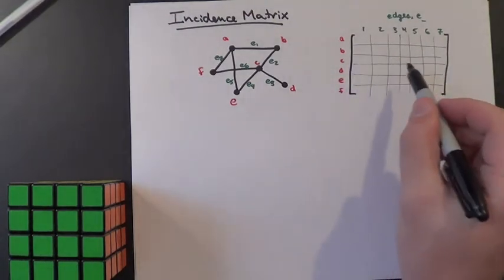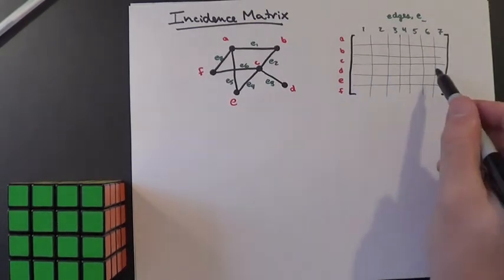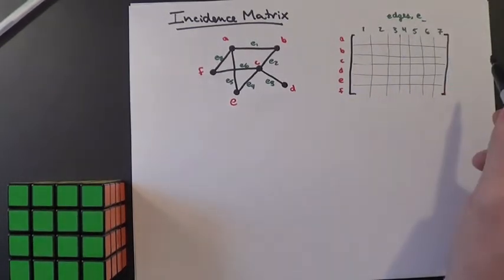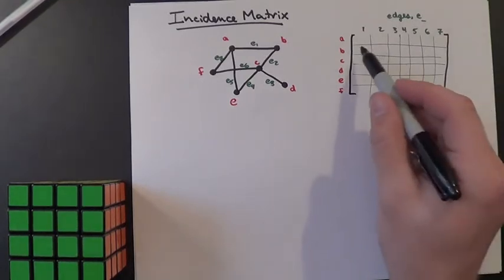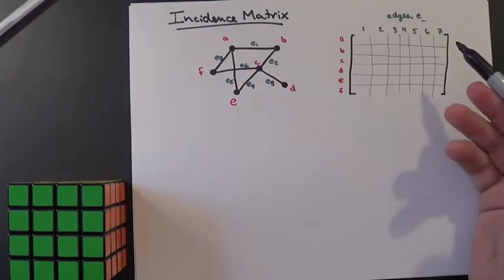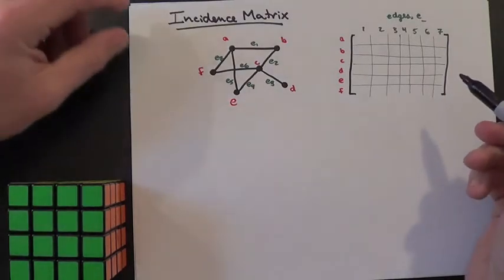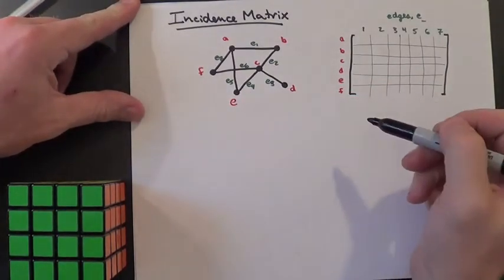You can get those larger numbers as an entry. That's not possible here because we've got each edge denoted by its own column. Of course, that also means that if you have a lot of edges, this is probably not the best method to demonstrate how the graph is connected.